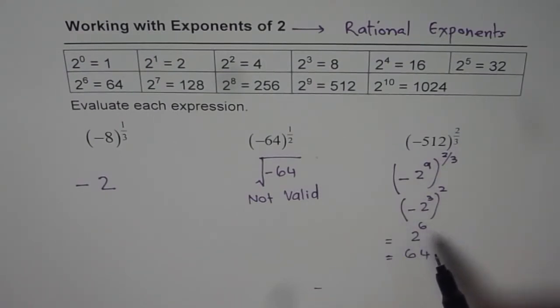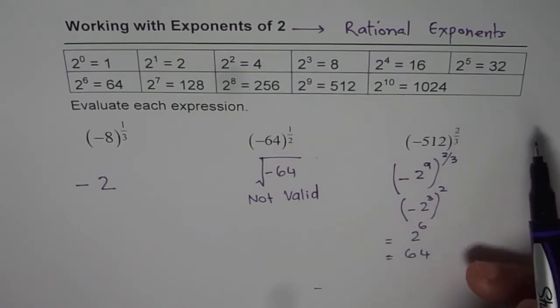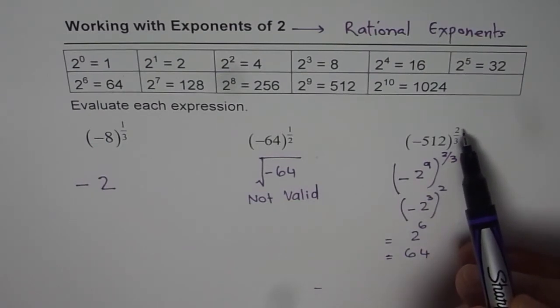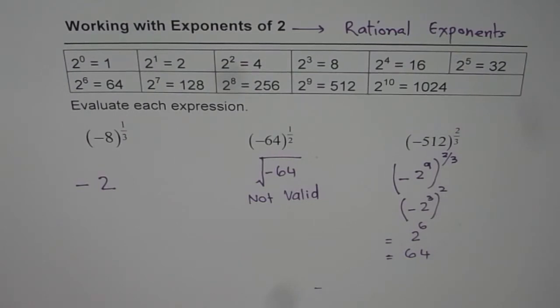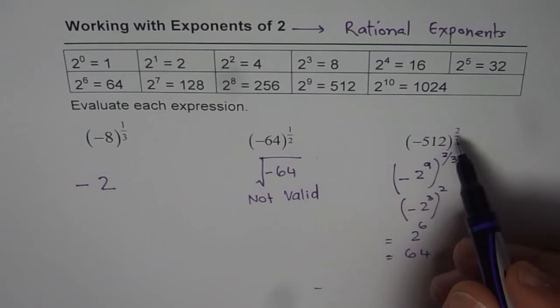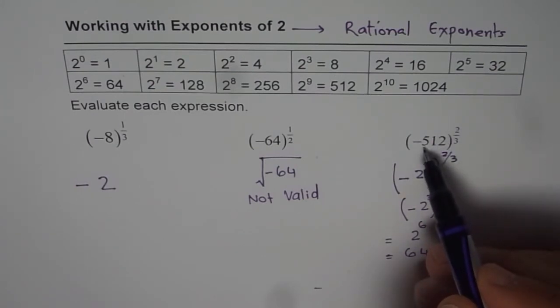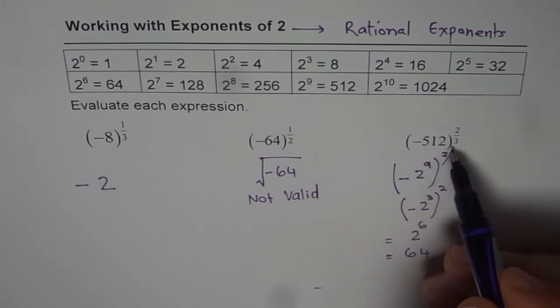So what you see here is that if we have an even exponent, then it makes a negative number positive. That is what we get from here, right? So if I first square the number, I'll get a positive number, and then I can do the cube root. So that is possible, right?